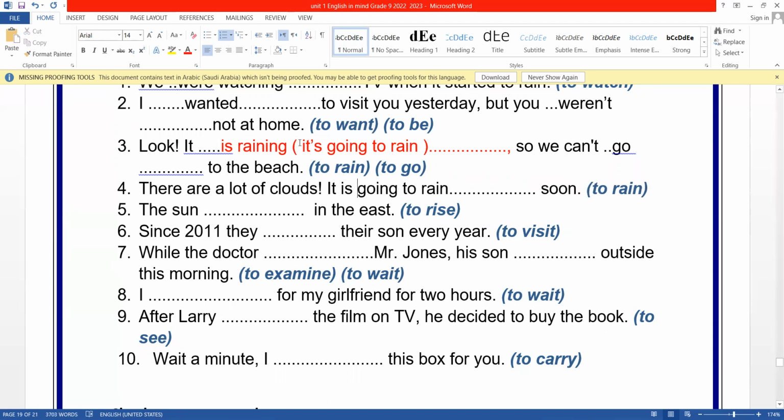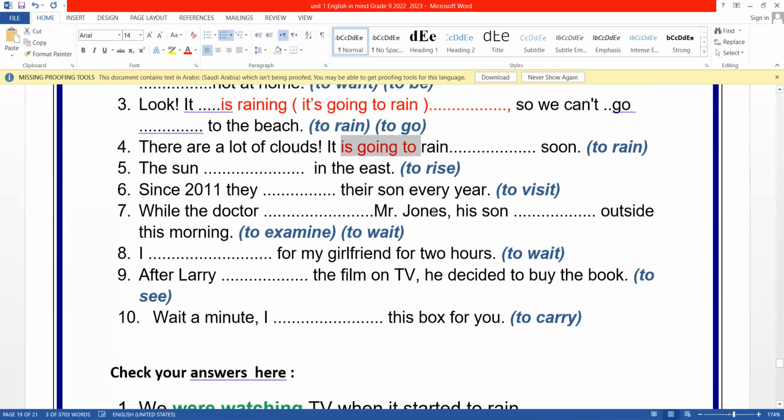There are a lot of clouds here. There is evidence, so it's going to rain. Yes.